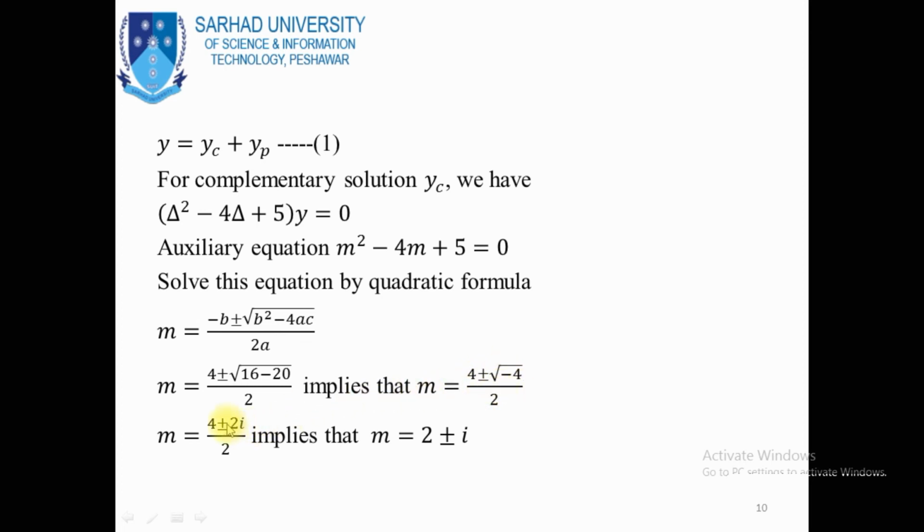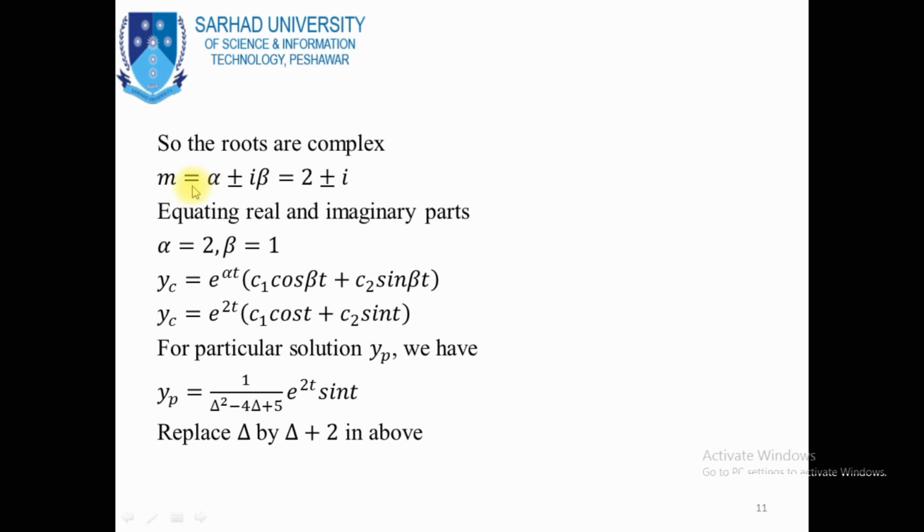So m is equal to 4 plus minus 2 iota divided by 2. Taking common 2 and then simplifying, we obtain m is equal to 2 plus minus iota. So these are complex and non-repeated roots. Different and complex roots. In this case, we have the solution e power alpha t into c1 cos beta t plus c2 sin beta t.